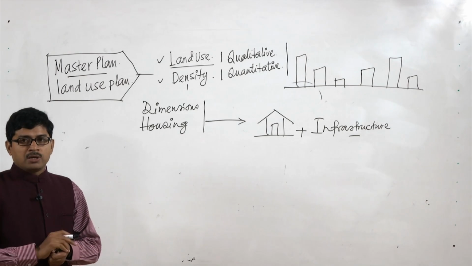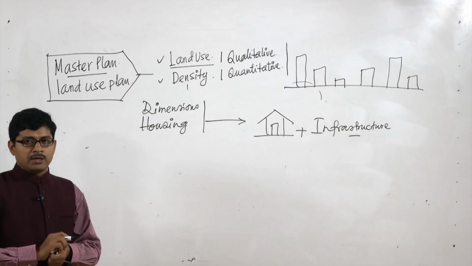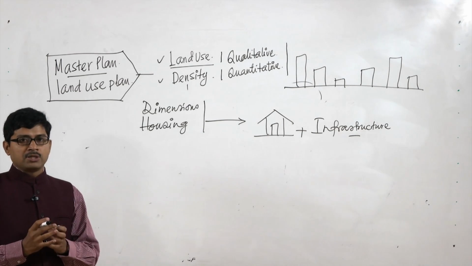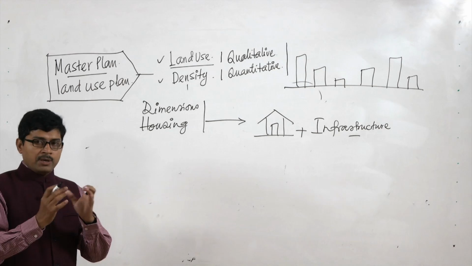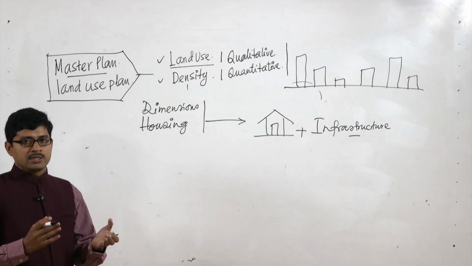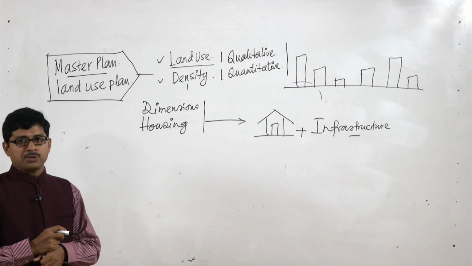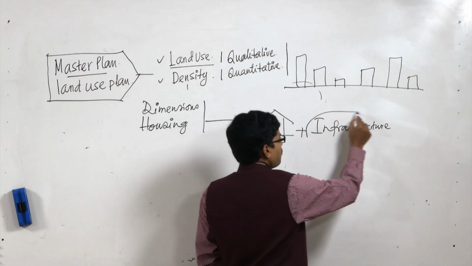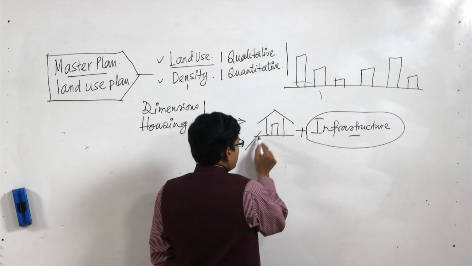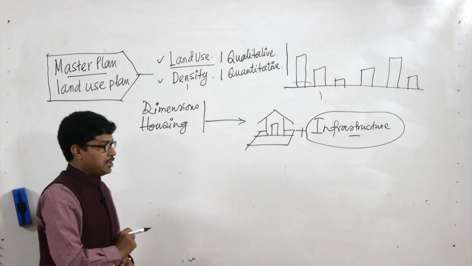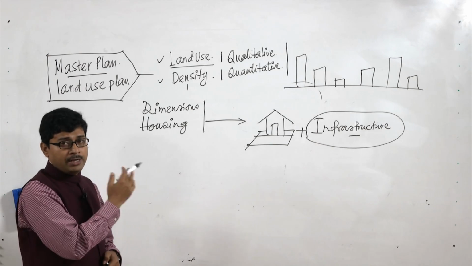It does not become a livable house or livable area. So that is the difference between developed land, where the infrastructure is available to make a house, and raw land or agricultural land, where urban or housing infrastructure is not there. So this infrastructure basically qualifies any plot to be eligible to build a house.